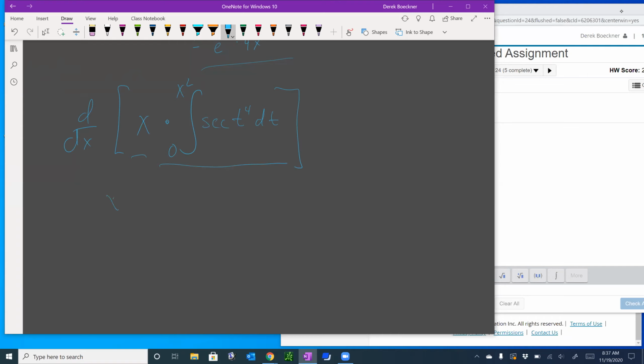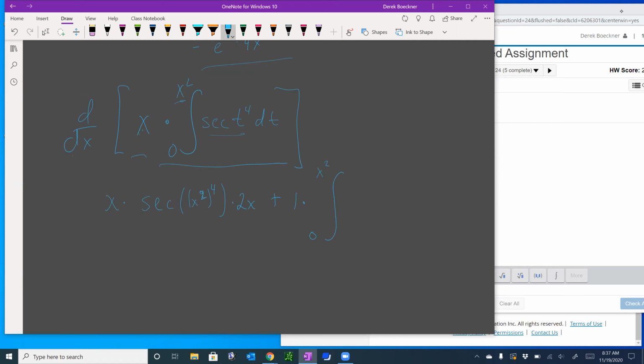It says take the first times the derivative of the second. And the derivative of the second, we can use the fundamental theorem of calculus. It's going to be the secant of t to the fourth, which is x squared to the fourth, times the chain rule part, 2x. Plus the derivative of the first times the second.